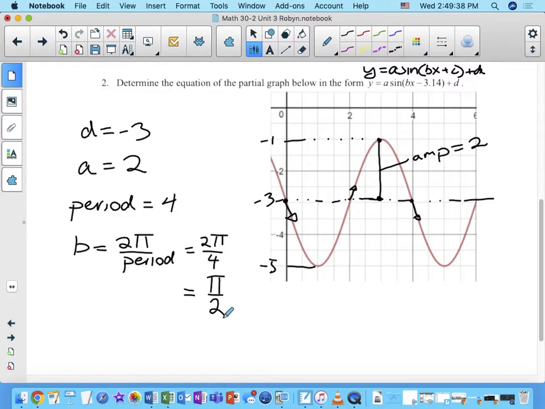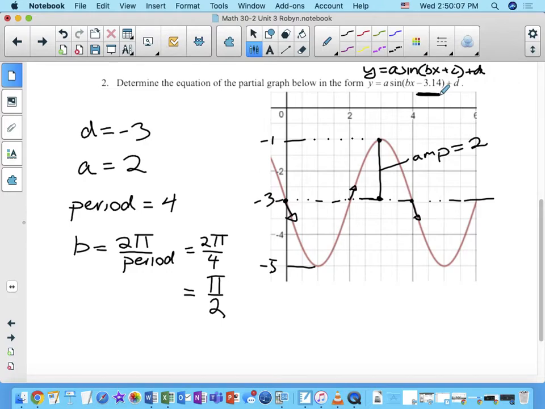Is the amplitude -2? The amplitude is not -2. I can see why you think it would be, because it's going down first. But the reason it's going down first is actually because of the shift to the right from the c value. So this c value shifts everything to the right.